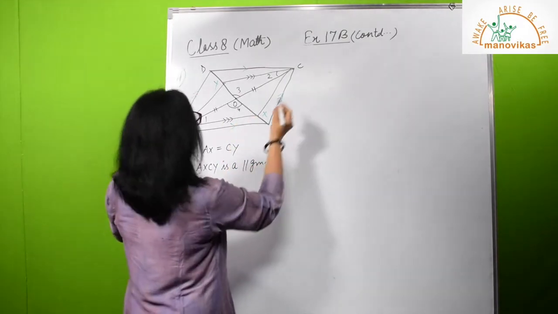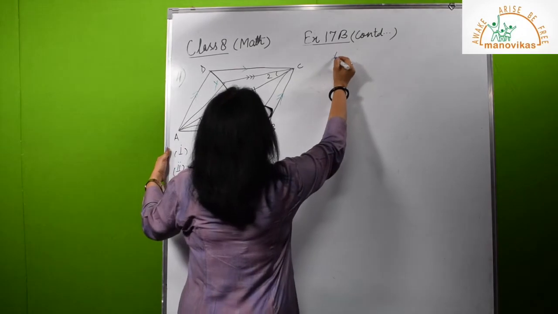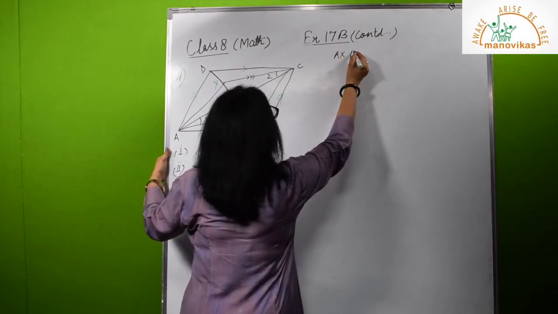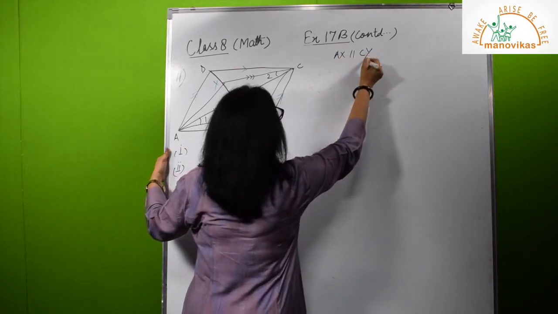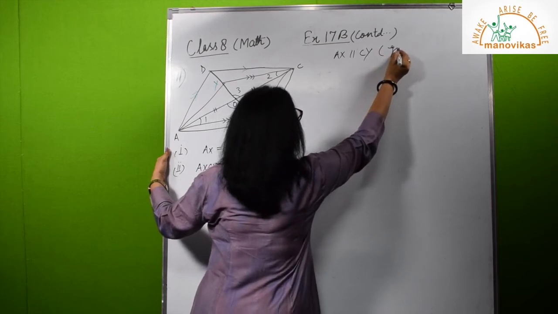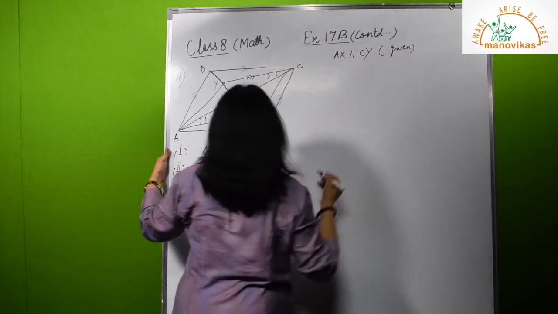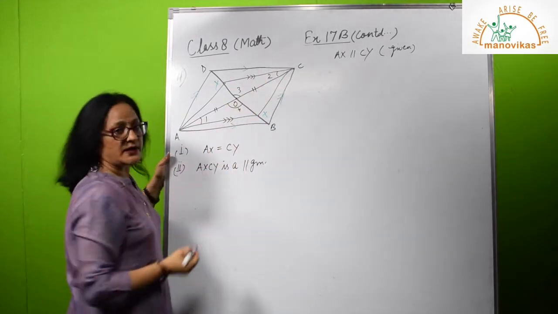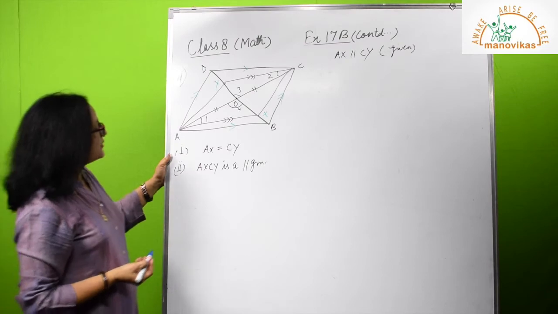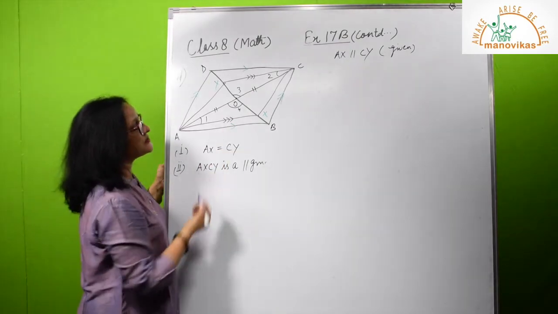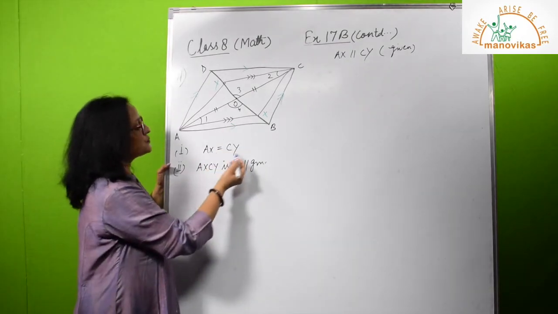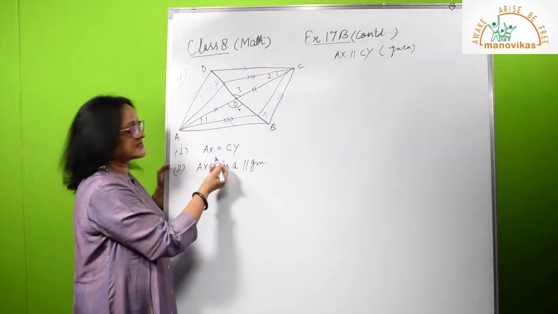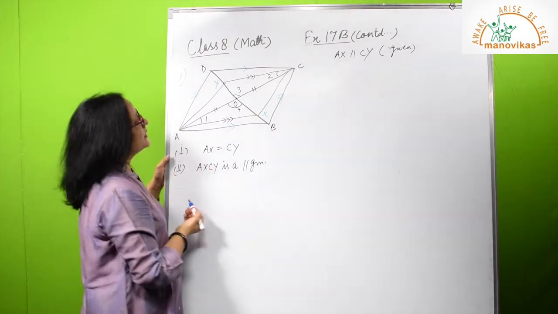Here one more piece of data is given, that AX is parallel to CY. This is given to you. Okay, this side AX is parallel to CY. This is given. Now you have to think how you can use this data and how to prove the result.